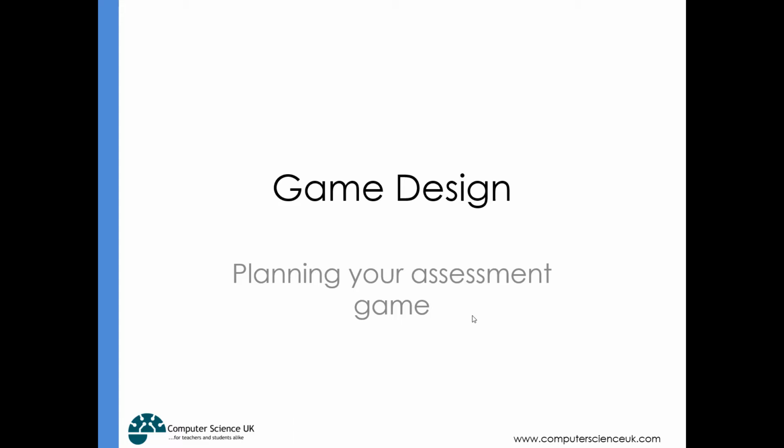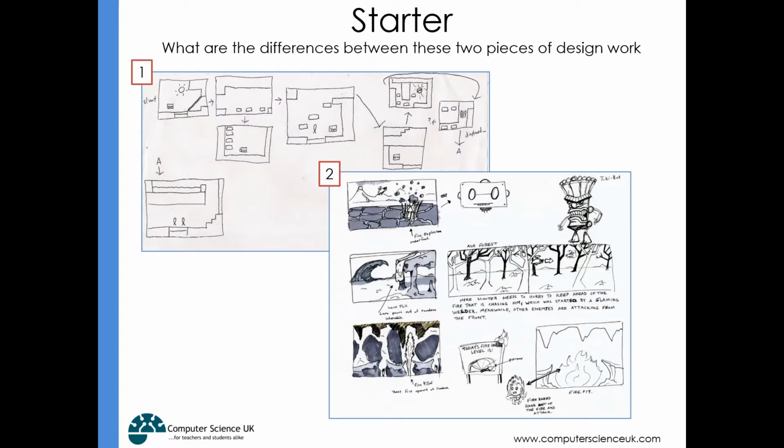Now, in terms of design work, you'll see here that we've got 2 examples of design work, and there should be something that's really strikingly different between the 2. And the main thing it really is detail. In the first example, the detail is not fantastic.